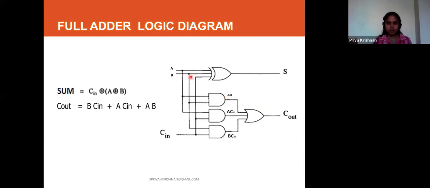And here, in the second one, input is taken from A and input is also taken from C in. So this will give you A dot C in. And see the last one. Input is taken from C in and also from where? It is taken from B input.